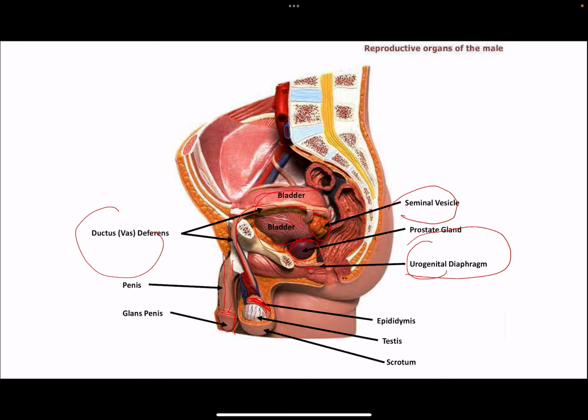So if you follow the pathway of sperm, they are produced in testicles, mature in epididymis, this structure.